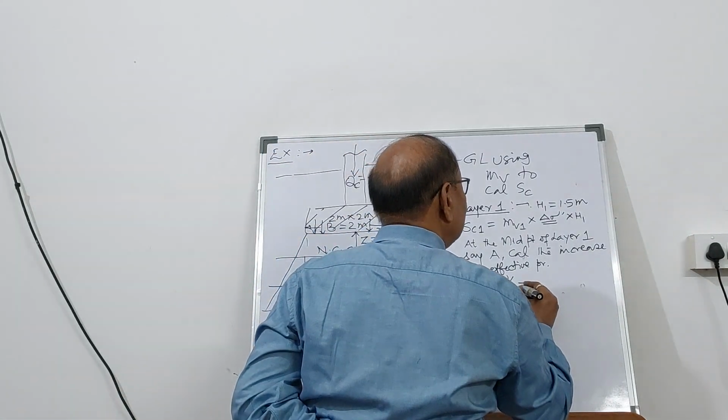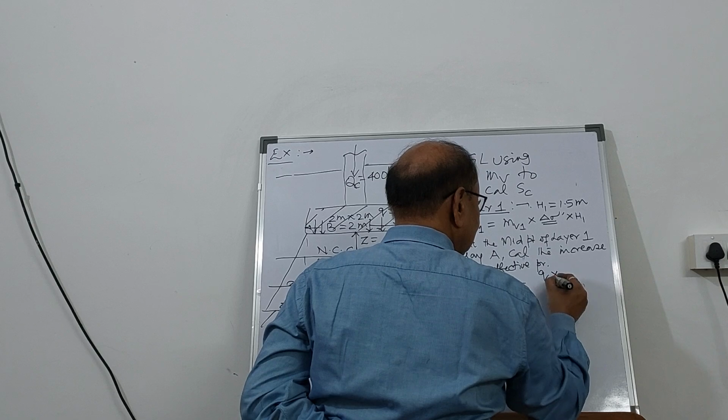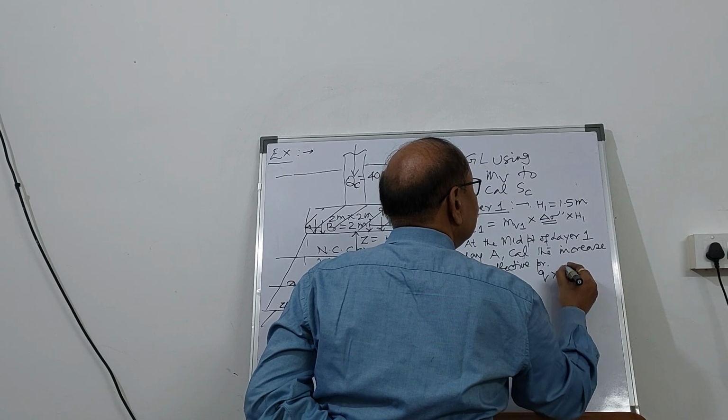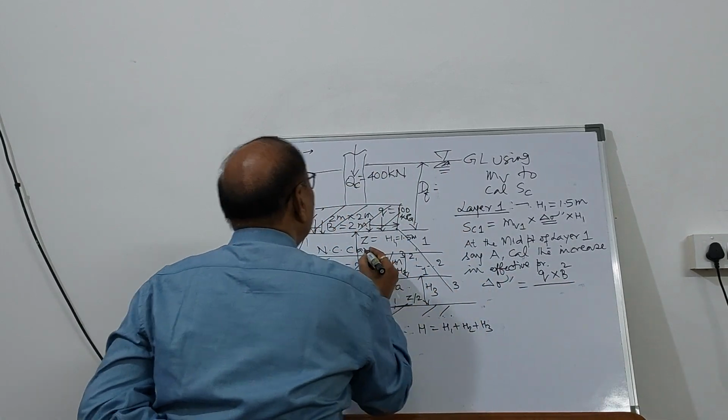This will be equal to the intensity of loading at the base level multiplied by the area of the footing, that is B square, upon B plus Z1 whole square, at the midpoint.